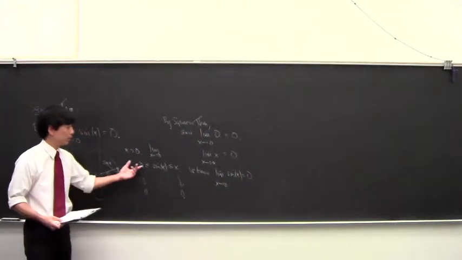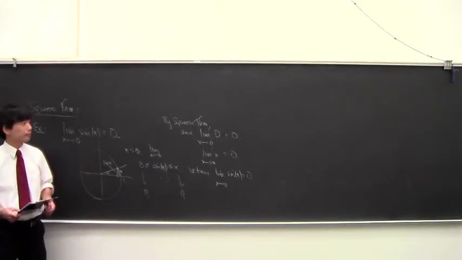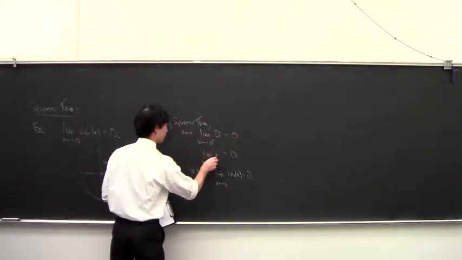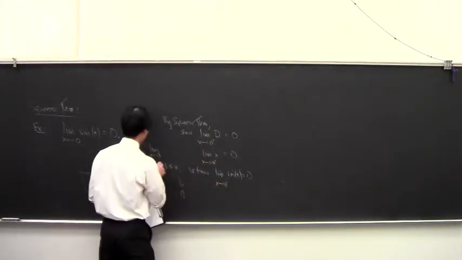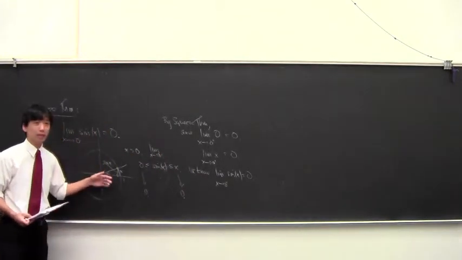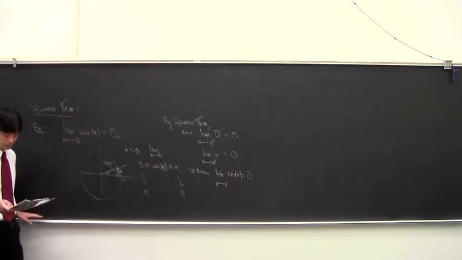Because the guy above and the guy below both go to 0. At least from the right-hand side, as x is positive. But you can do the same sort of thing for the left-hand side and then show that the limit of sine x is 0.